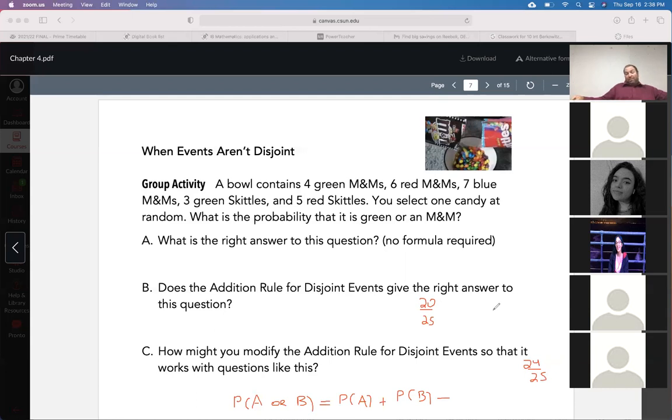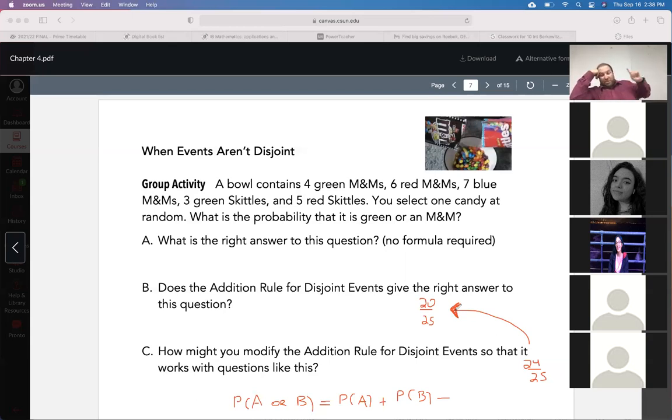In this case, what were we taking away in our example? Those that are both green and M&Ms. There's 4 of them. To get back from 24 to 20, we got to take away the 4. Why those 4? Because we counted them twice.